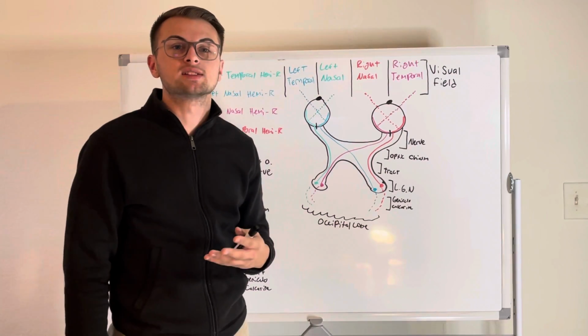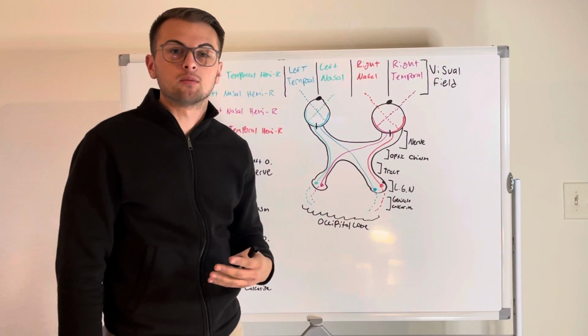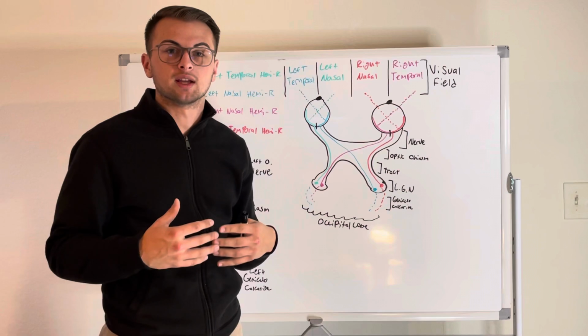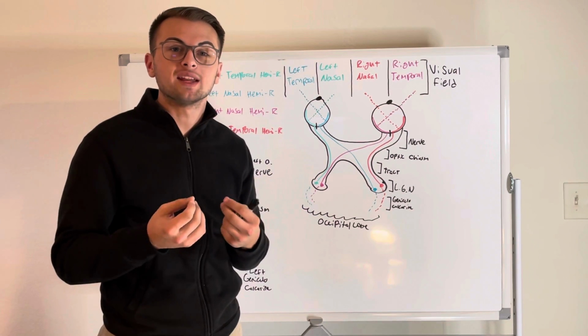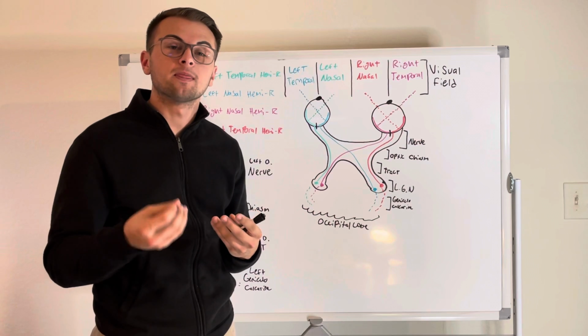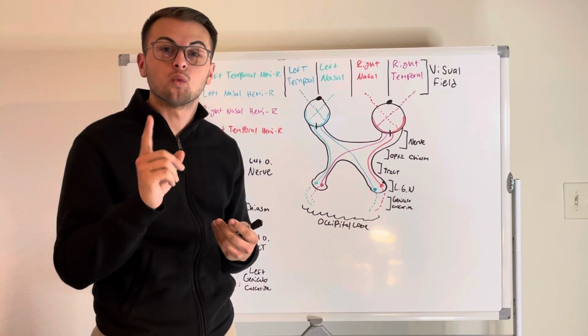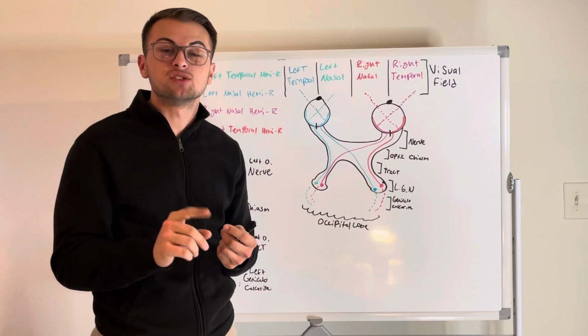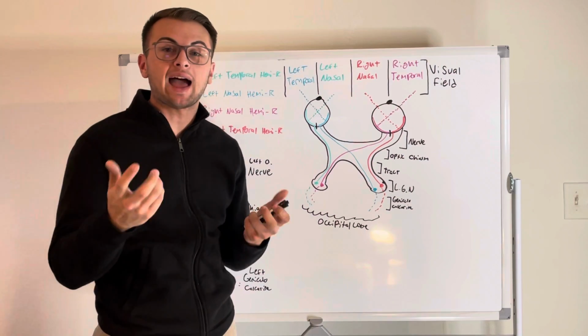Now, a part that is sometimes confusing for a lot of people, I know it was confusing for me when I first started reading it. Well, we also have to know that each retina is divided into 2 halves. So this means that each eye has one retina that is divided into 2 hemiretinas, or half retinas.